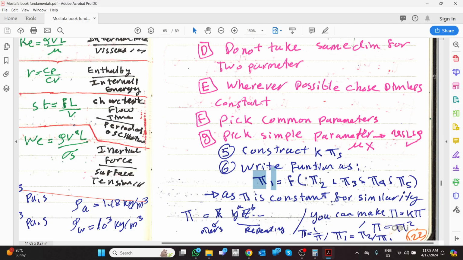Okay, so pi 1 is a function of all possible pi's. Based on the definition, I can multiply each pi by any constant and it will still be the same pi because it is dimensionless. If I multiply a constant by a constant, it becomes a constant.